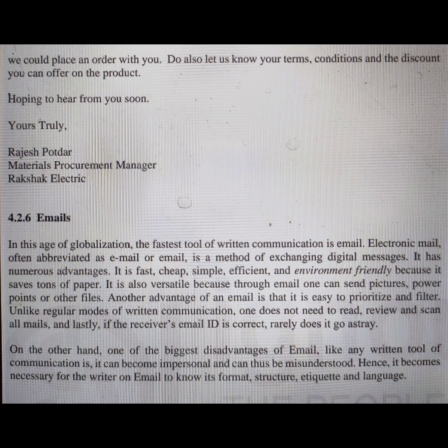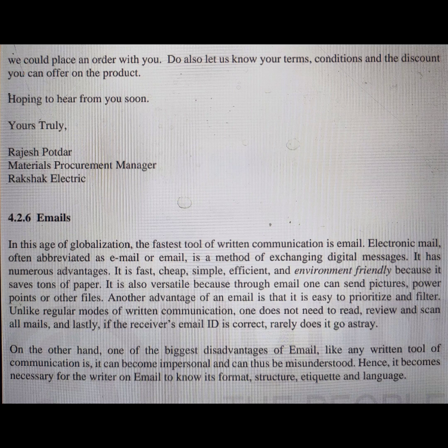Emails. In this age of globalization, the fastest tool of written communication is email. Electronic mail, often abbreviated as email, is a method of exchanging digital messages. It has numerous advantages. It is fast, cheap, simple, efficient, and environment-friendly because it saves tons of paper.